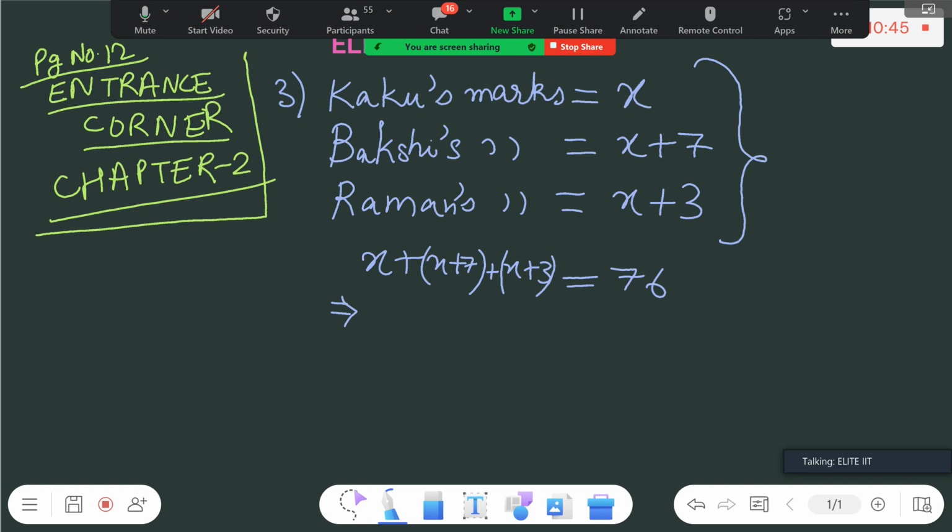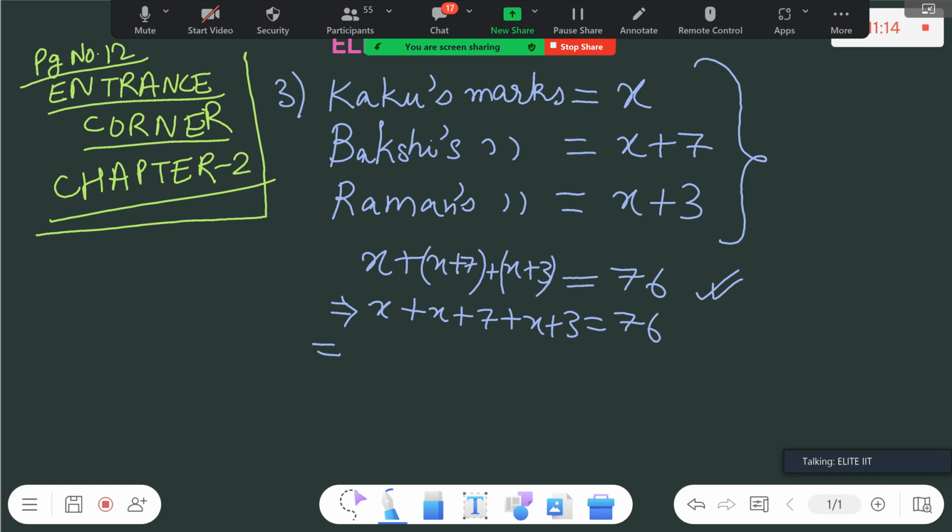Okay, let us see. Not 25, 20? See, if I add these three, this much you understood? Total marks obtained means addition of all three, 76. So I can write it like this. This is what we have got.